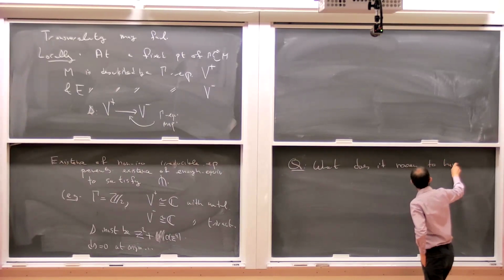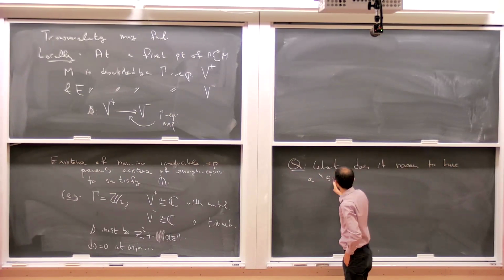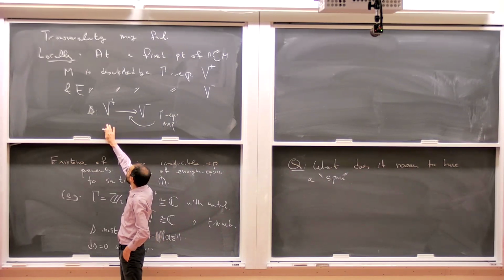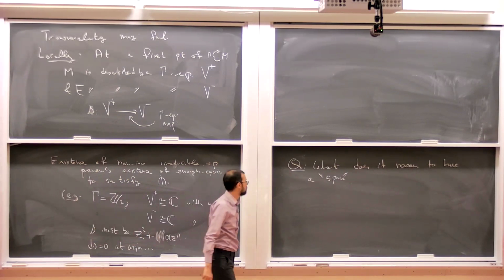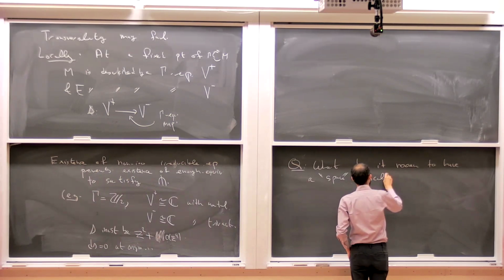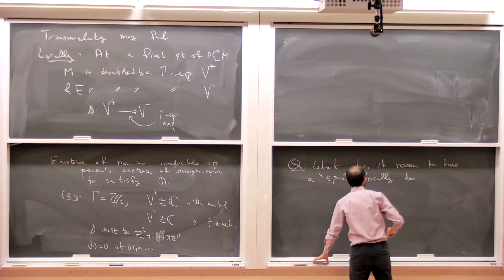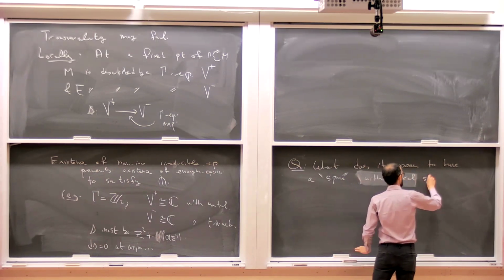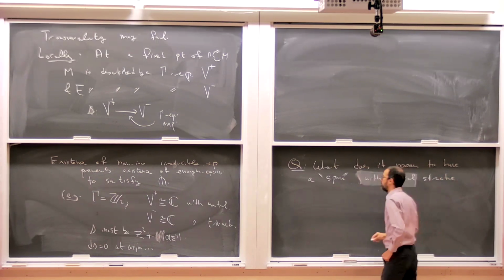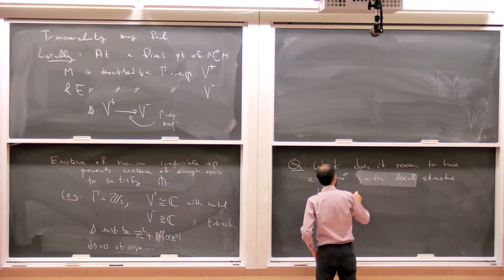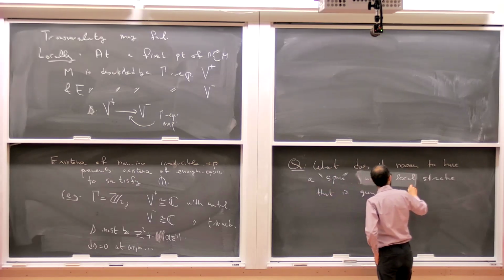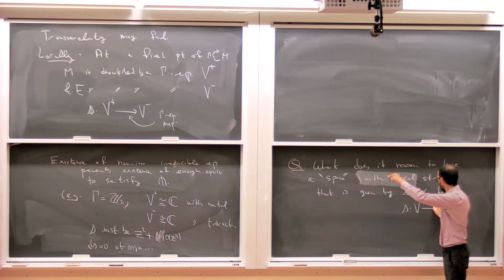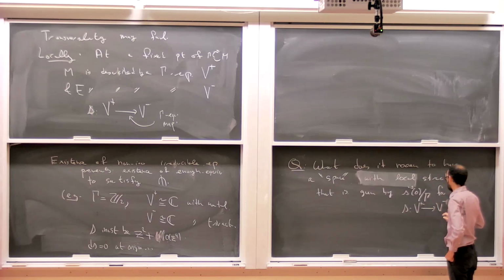To have a space, with space in quotation marks, with some local description as the quotient by gamma of the zero locus of this, with local structure that is given by S inverse of 0 mod gamma for exactly such a thing, plus V minus, which is gamma equivariant.